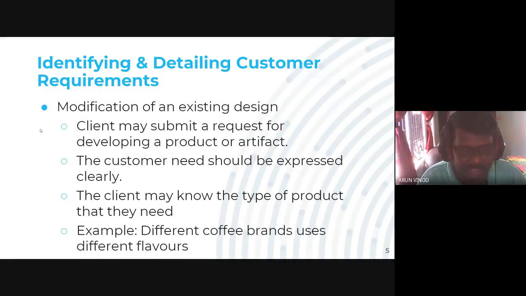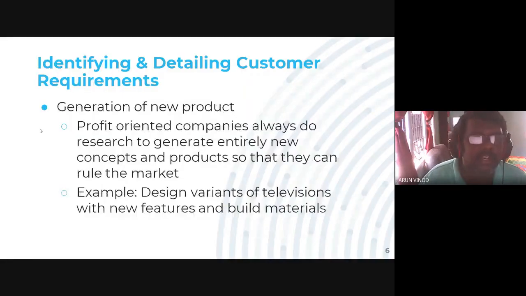An example can be that different coffee brands use different flavors. That is a good example of modification of existing design. And the third one is generation of a new product. Profit-oriented companies always do research to generate entirely new concepts and products so that they can rule the market. For example, design variants of televisions with new features and build materials.